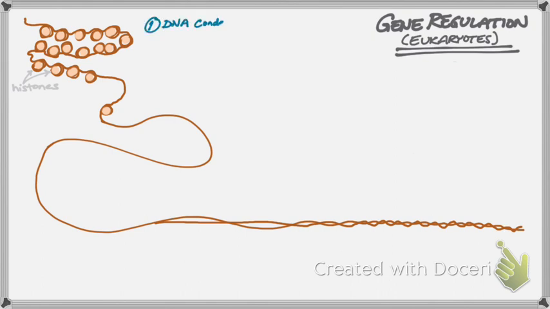So in general, we're talking about, are you wrapping up the DNA, making it really tightly wound so it's not accessible to various proteins, or is it open and accessible and readable.